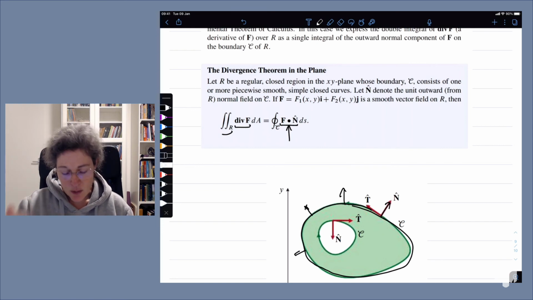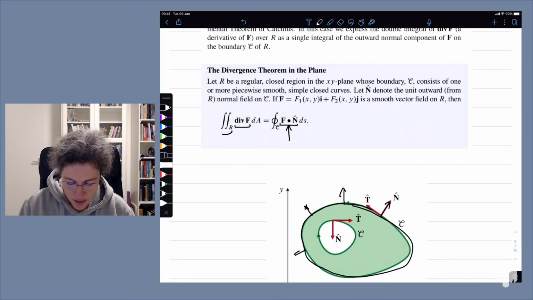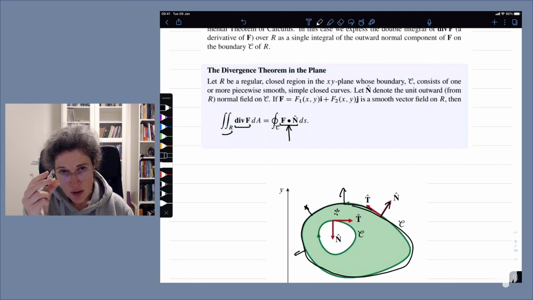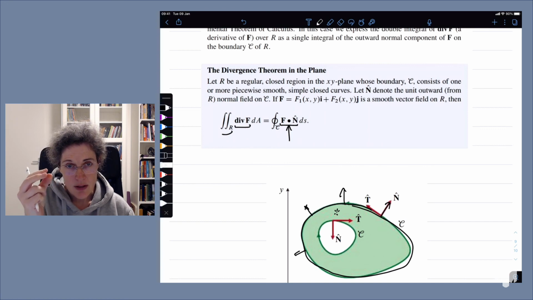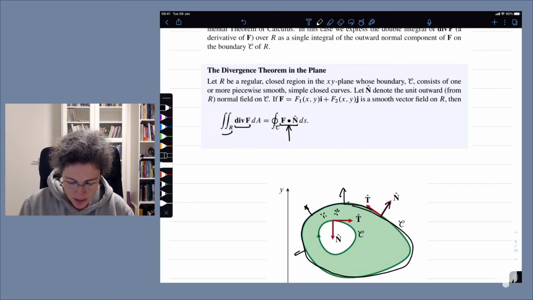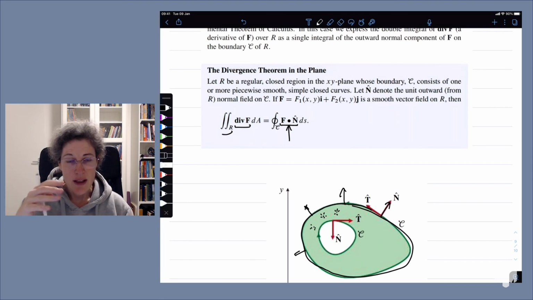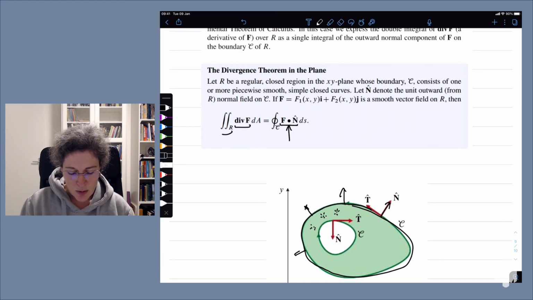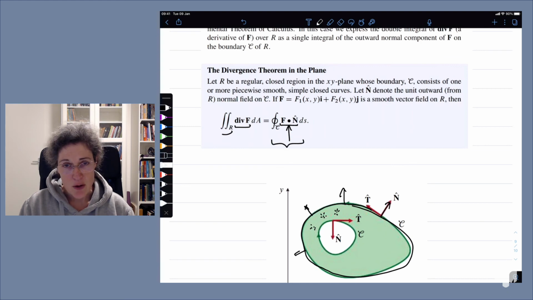And that's equal to looking at, well, remember our divergence gives us what's happening at each little point. How much is our field diverging, or I guess streaming out at any particular little point, and we're going to add all of those together. And if you add all those little divergences together across the entire region, then that sum of divergences is going to be equal to this macroscopic divergence.